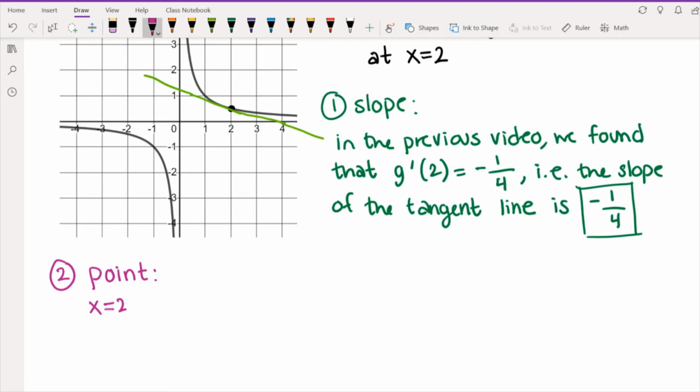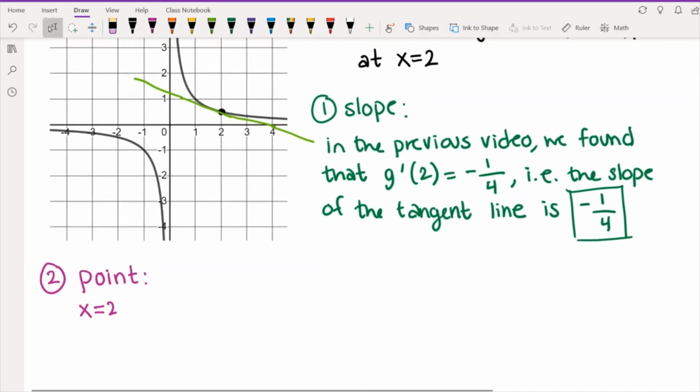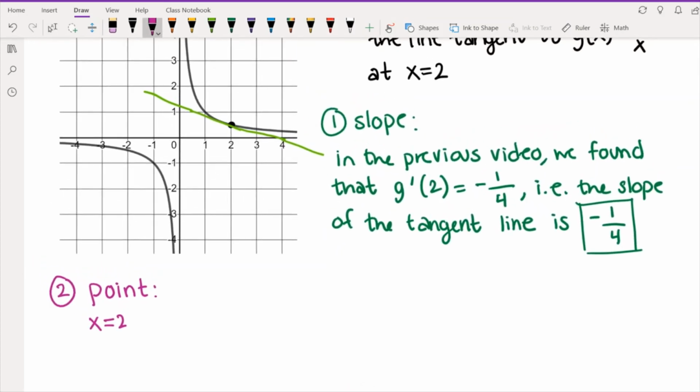So that's the reason why we can find the y coordinate of the point: because this point is shared between the tangent line and this function g of x, we can find the y coordinate by plugging the point into g of x. So the y coordinate is going to be g of 2.